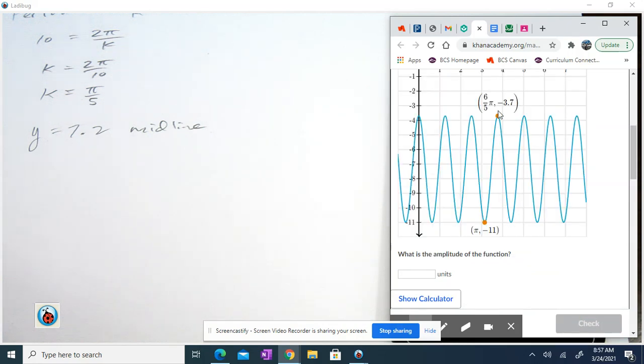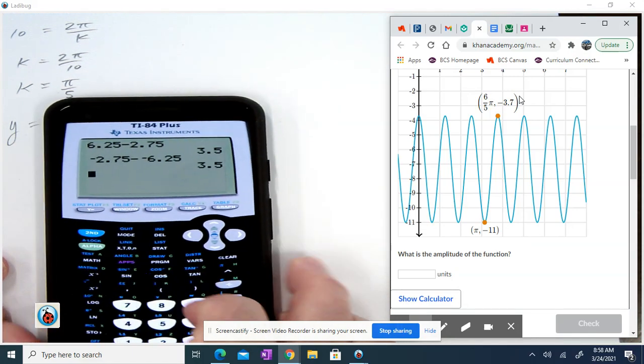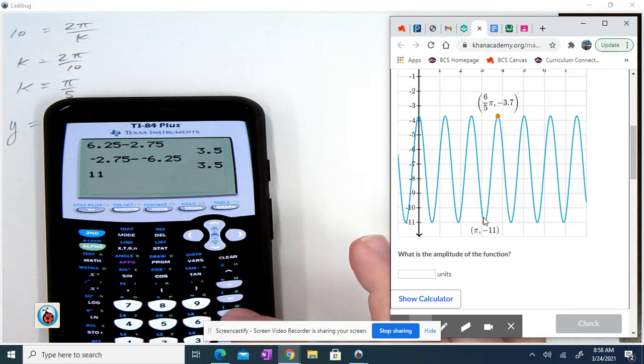All right, here you're given a trough and a peak. So the amplitude is half the distance between these two, right? Since I don't care about the sign really, it's the absolute value of the distance here. I'm just going to use 11. Take away negative 3.7.